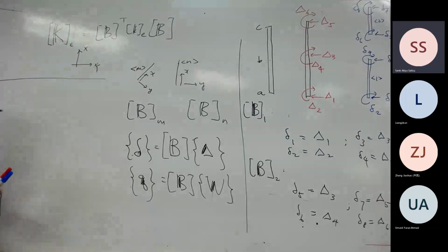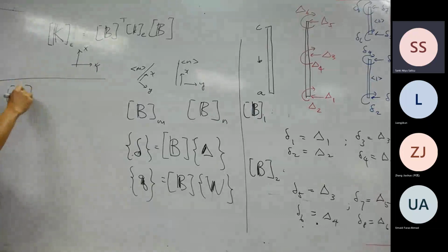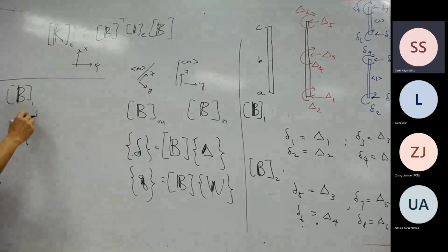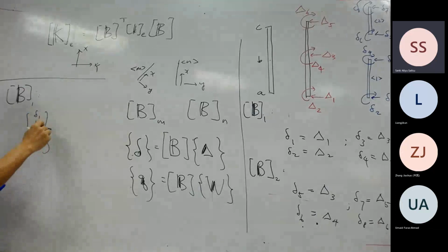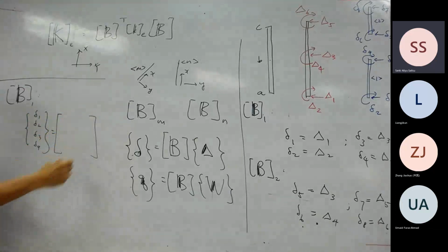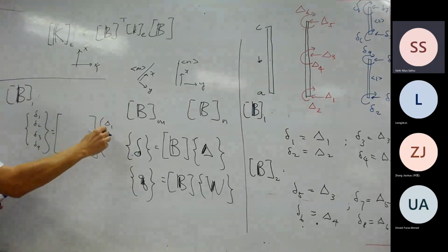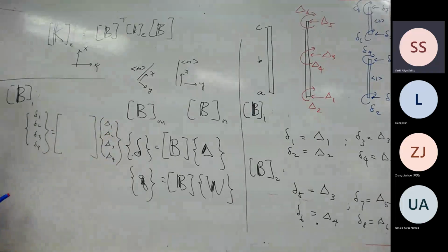So now the B matrix will be, if I put delta 1, delta 2, delta 3, delta 4 in matrix form, now relating to delta 1, delta 2, delta 3, delta 4. This is the B matrix.